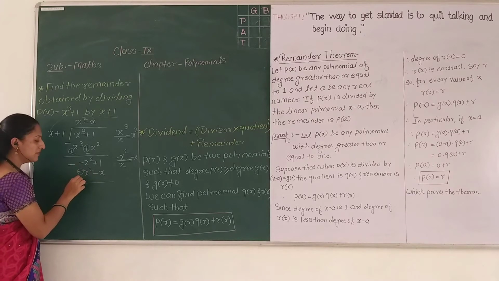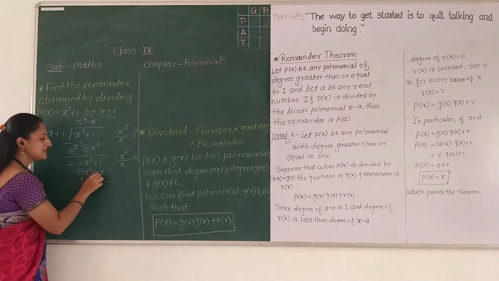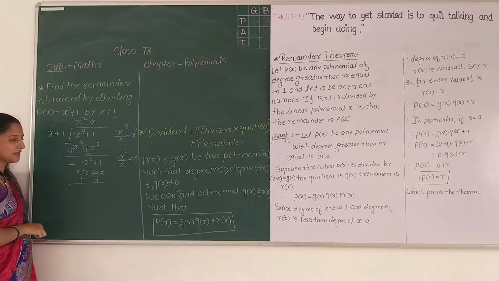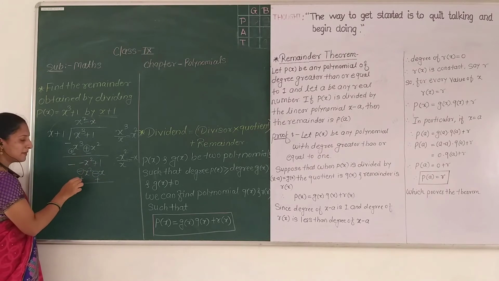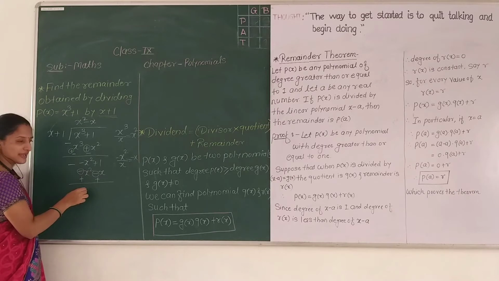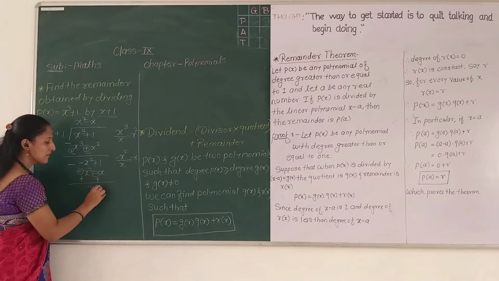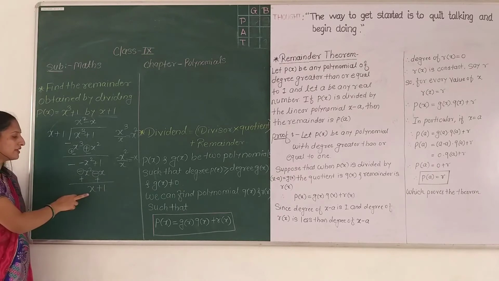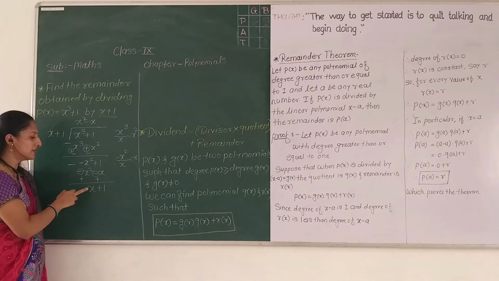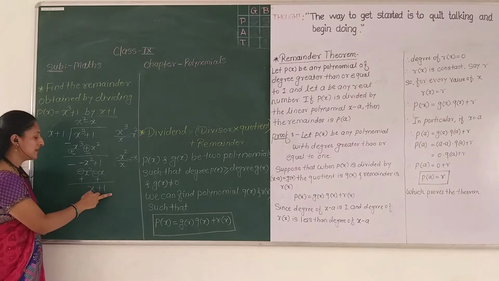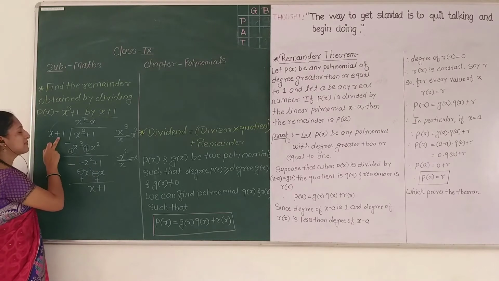This negative becomes positive, this negative becomes positive. Now negative x square and positive x square get cancelled and here remains x plus 1. So now our new dividend is equal to x plus 1 and our divisor is again x plus 1.